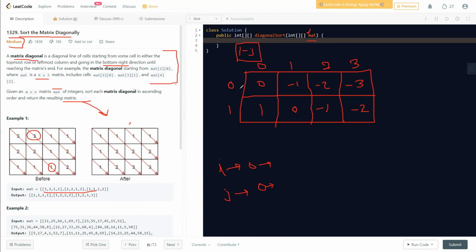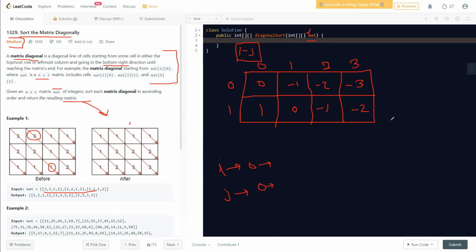If we talk about our complexity, m cross n is the fixed complexity, and there will be a log factor for each i minus j, because of the length of the diagonals. That will be the minimum of m and n, so the complexity is m cross n times log of the minimum of m and n.